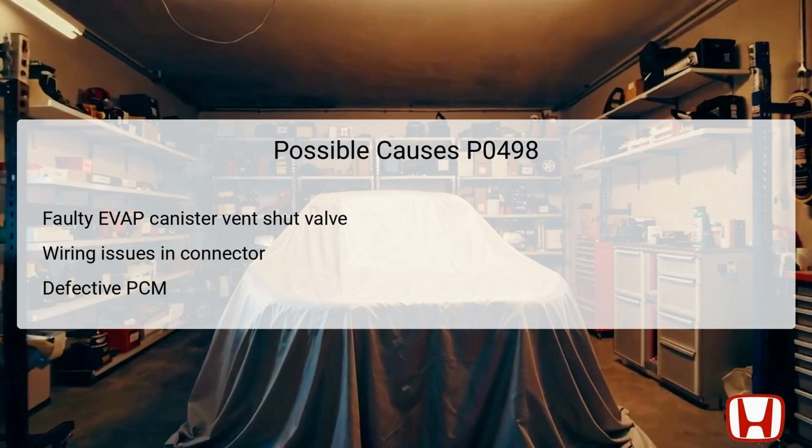Additionally, the problem could potentially originate from the PCM, powertrain control module itself, if all connections and components check out. Each of these elements must be methodically tested to isolate the root cause of the low voltage signal.